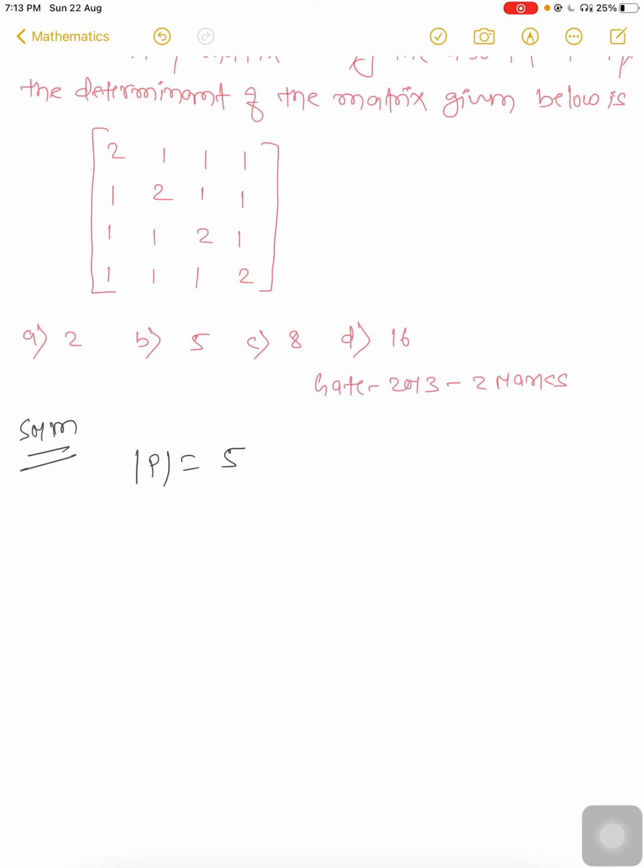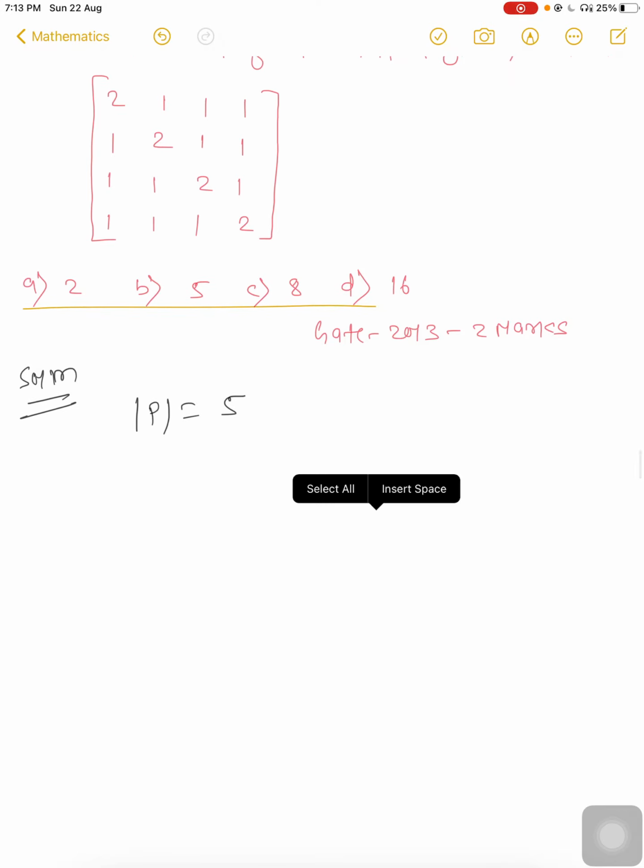No problem, only apply the basic method and you will get the answer. Otherwise, you can get it by simplification in this way. No problem, you can apply the determinant at the individual level.